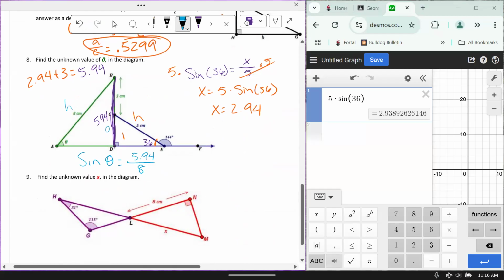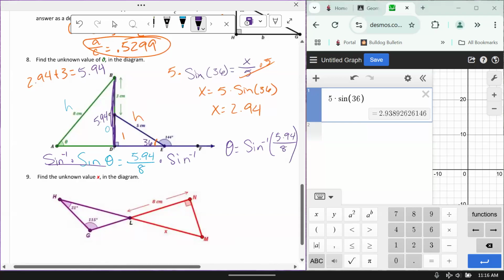Now, if you guys remember, when we are solving for theta, we have to use our inverse trig function. So we're going to multiply both sides by our inverse trig to get our theta alone. So we have theta equals our inverse of sine times 5.94 over 8.